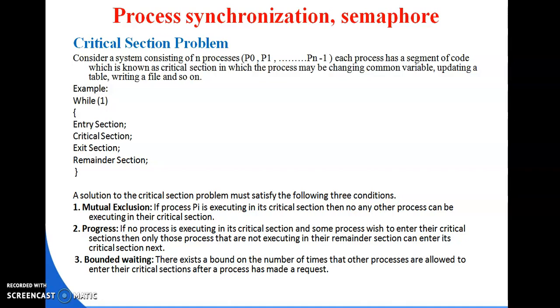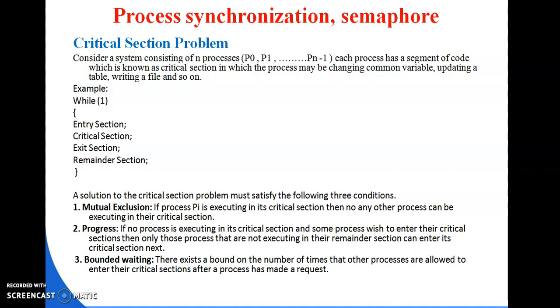That means if one process is changing a variable, updating a table, or writing a file, at that same time no other process is allowed to execute in its critical section. So the execution of the critical section by the processes is mutually exclusive.